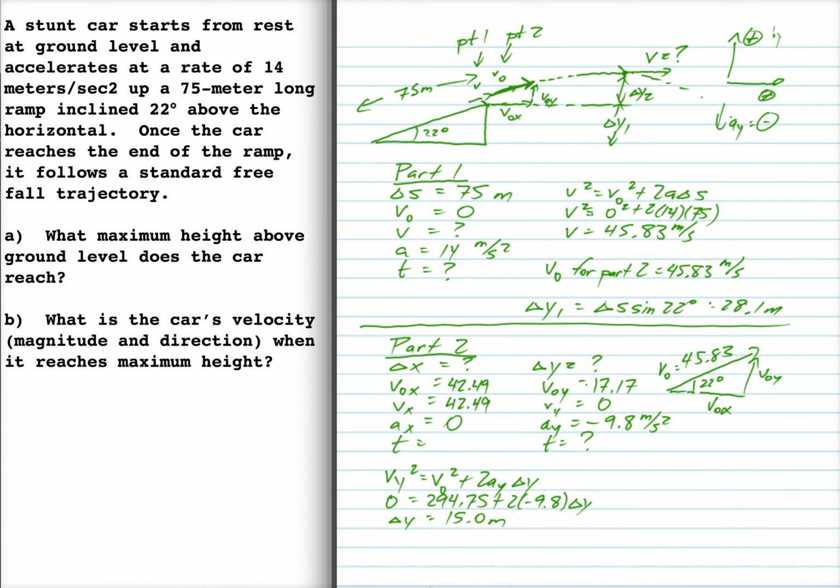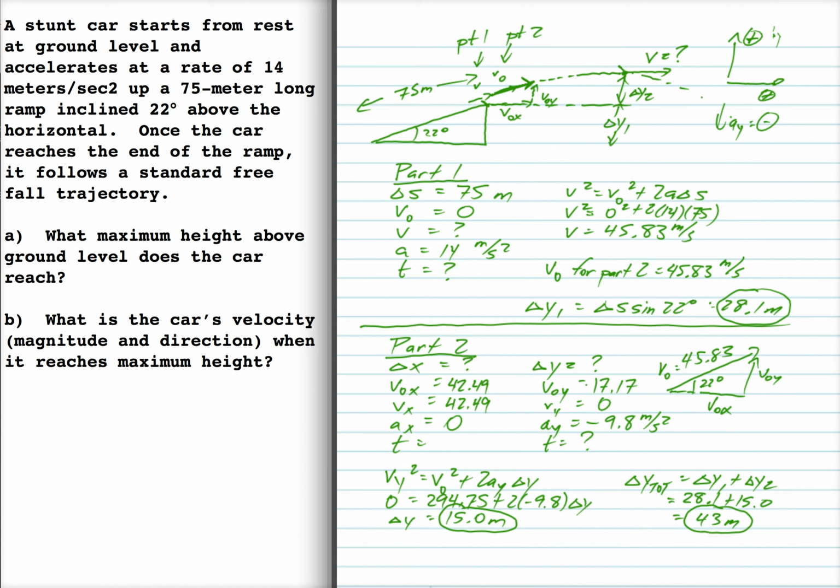That means the total maximum height is equal to delta y for part 1 plus delta y for part 2. That's 28.1 up here and 15.0 down here. So 43 meters, rounding off to 2 significant figures, since the problem only had 2 significant figures.